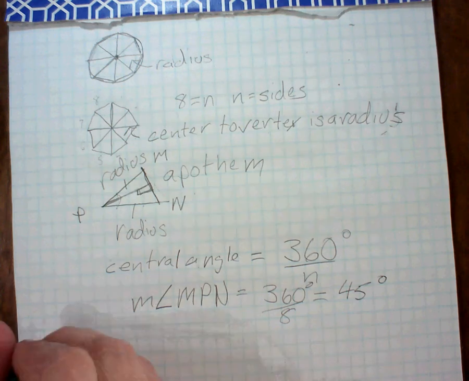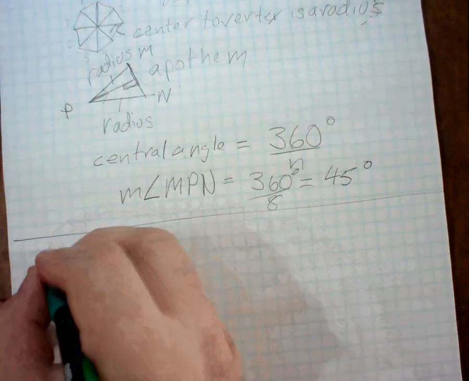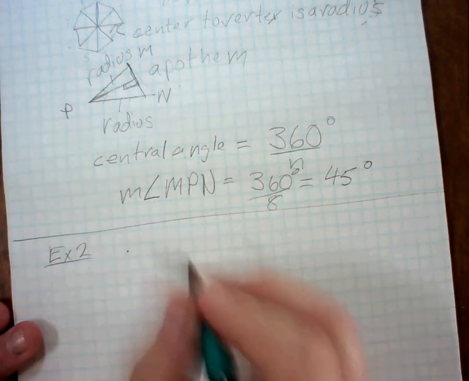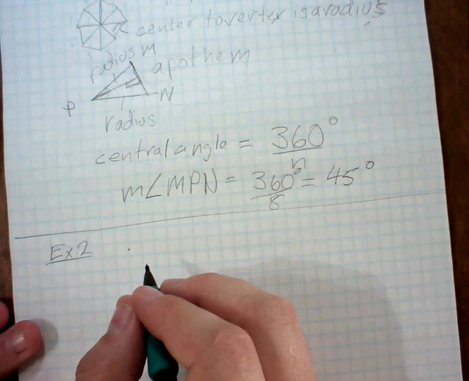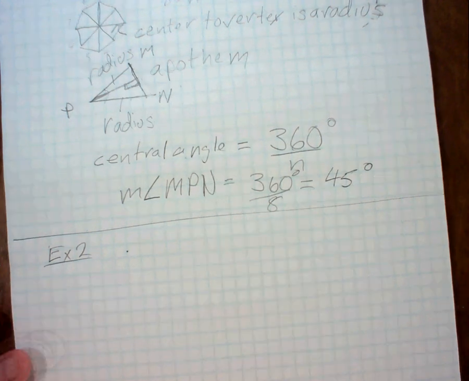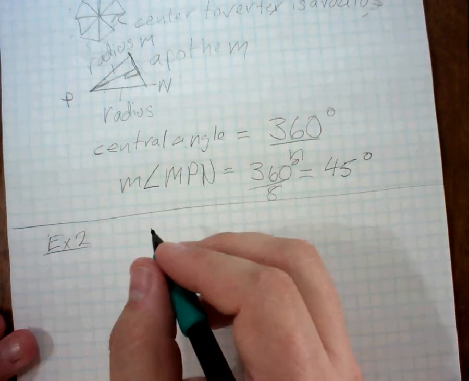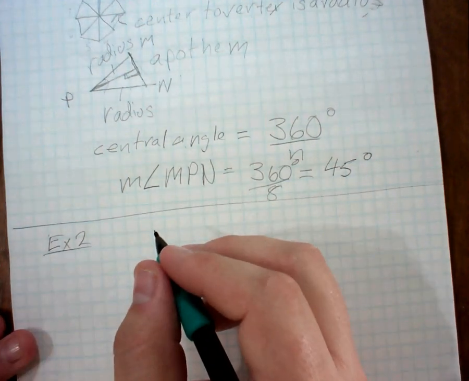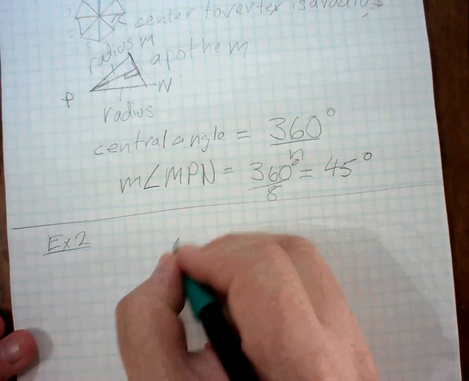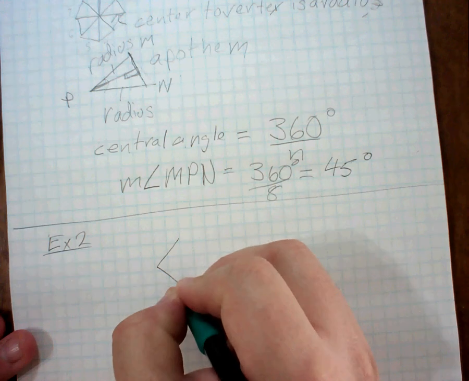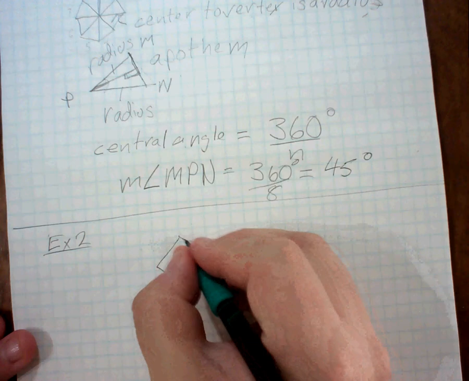So I did all that because in example number 2, they give us a 5-sided polygon, so they say, and these are regular polygons.